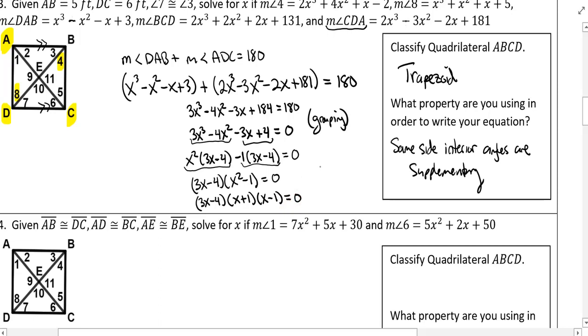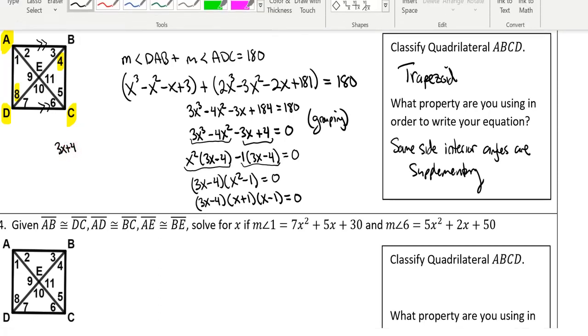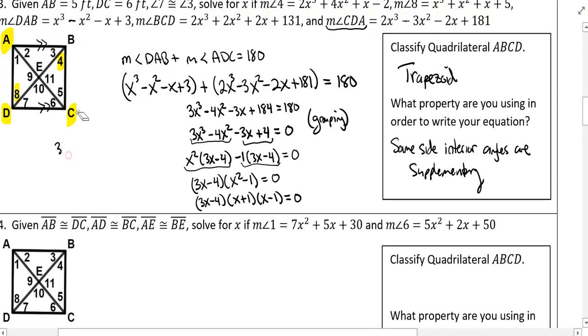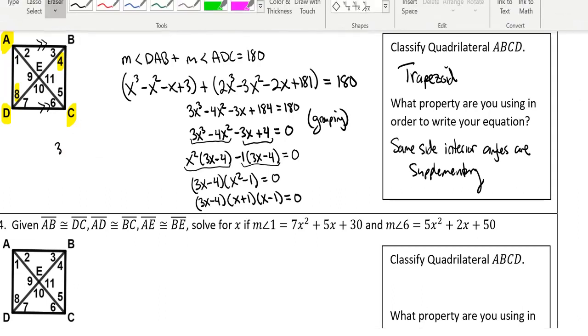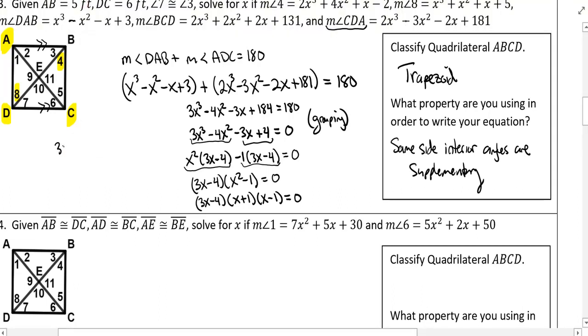We end up with 3 factors, giving 3 different answers. The 3x minus 4 gives us the answer x equals 4/3.